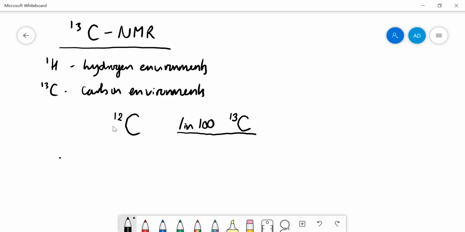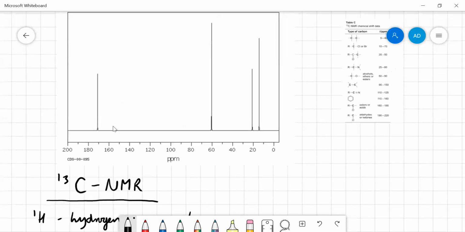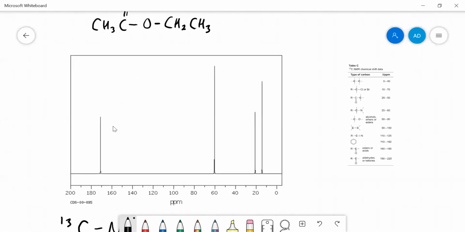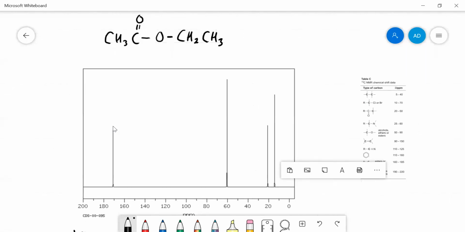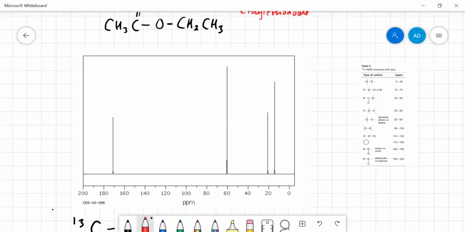Let's have a look at a 13C spectrum and see what we can glean from it. This is the spectrum of an ester called ethyl ethanoate. Probably the first thing you notice is the ppm scale.